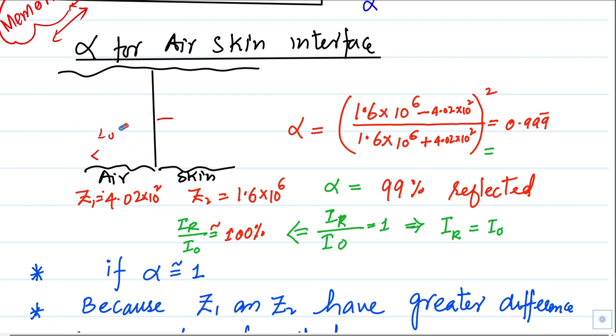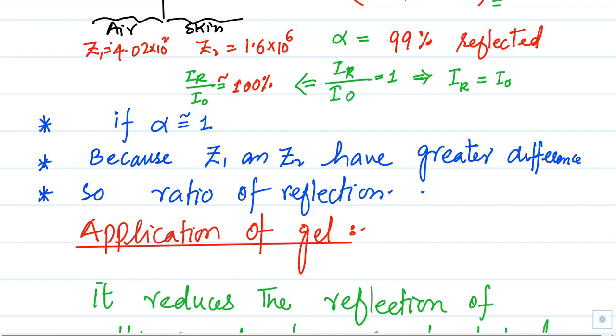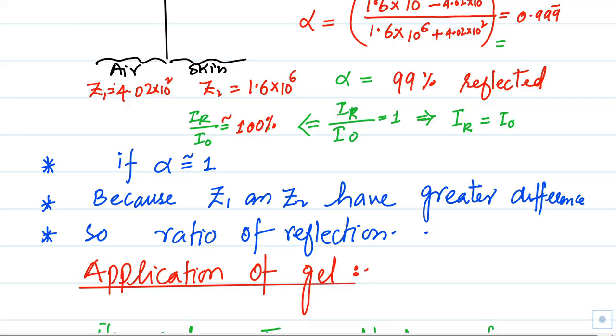What is my objective then? I would like to enhance alpha to 1. Sorry, I will reduce this alpha to almost 0.